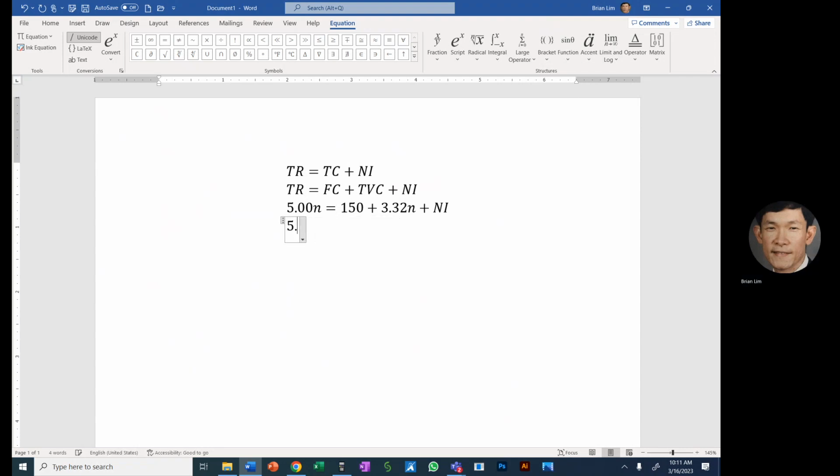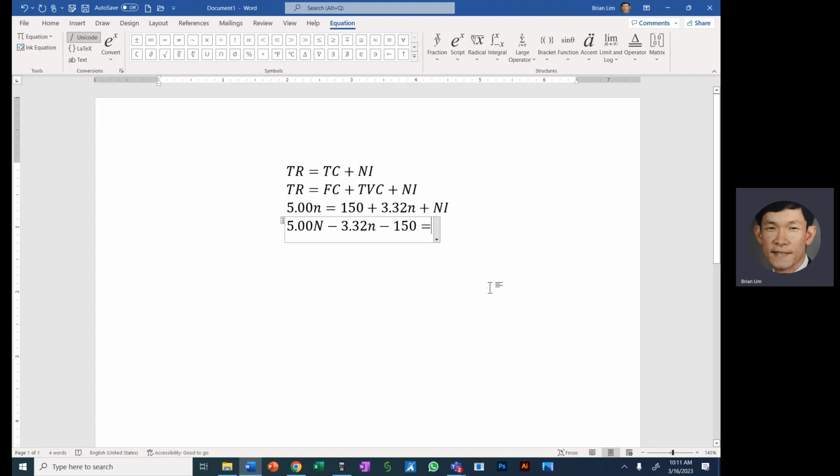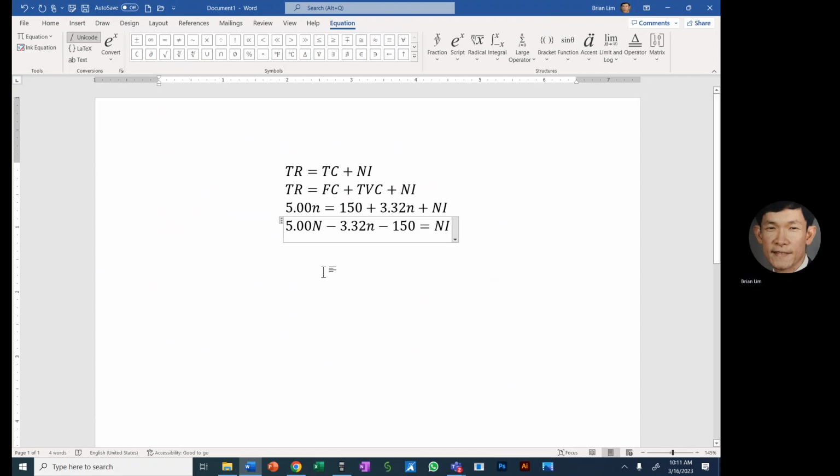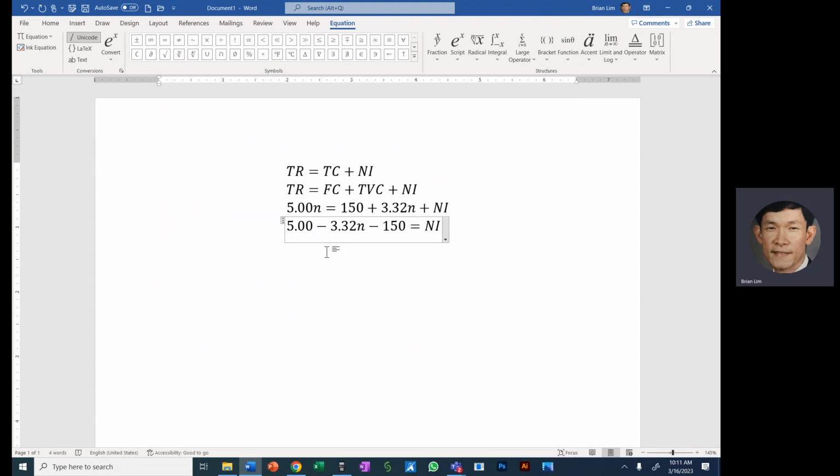5.00n minus 3.32n, and we could put minus 150, is equal to net income. All right, so let's fix this and make this a lowercase n. And there we are. We can combine these two.